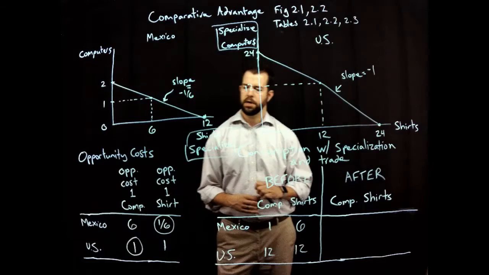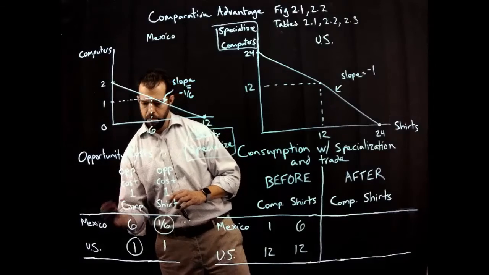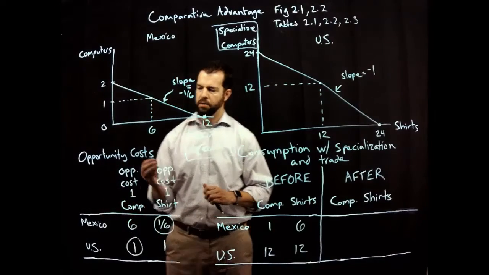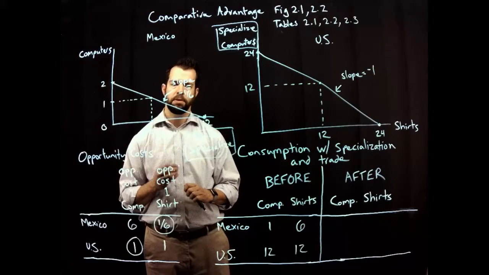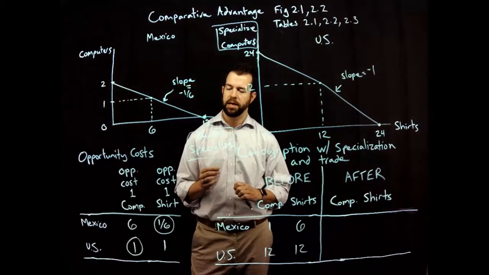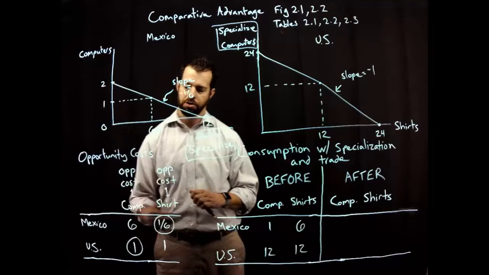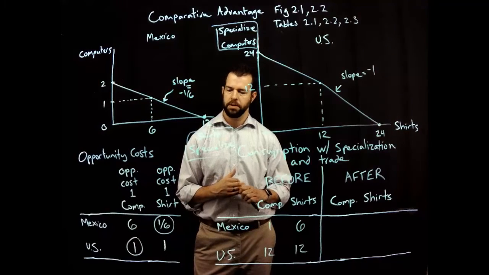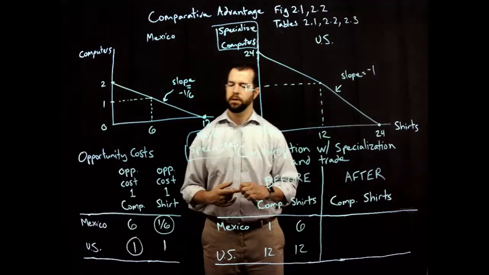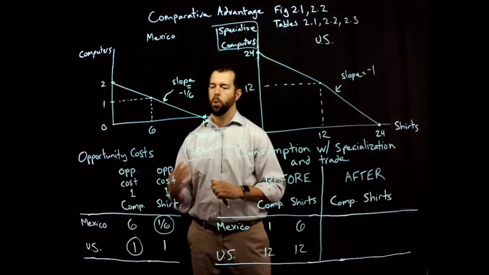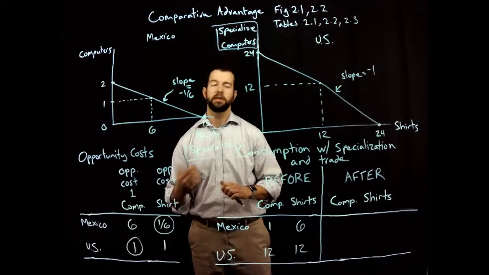So in between here, Mexico has an opportunity cost of having to give up 6 shirts to get 1 computer. So if it can trade with the US and get a computer for less shirts than 6, they're better off. And the United States, if they want to get 1 shirt, they have to give up 1 computer. So if they can give up less than one computer to get a shirt, then they're better off as well.